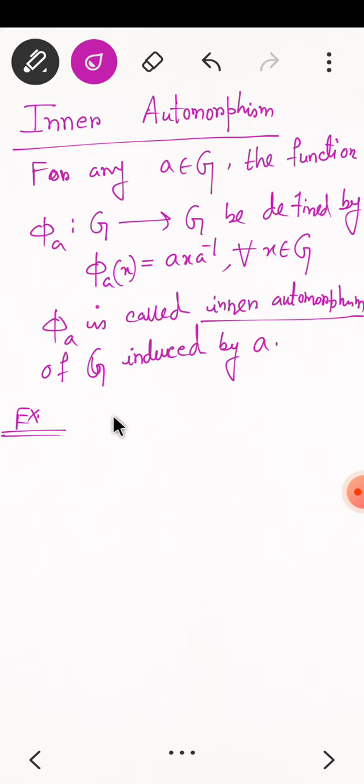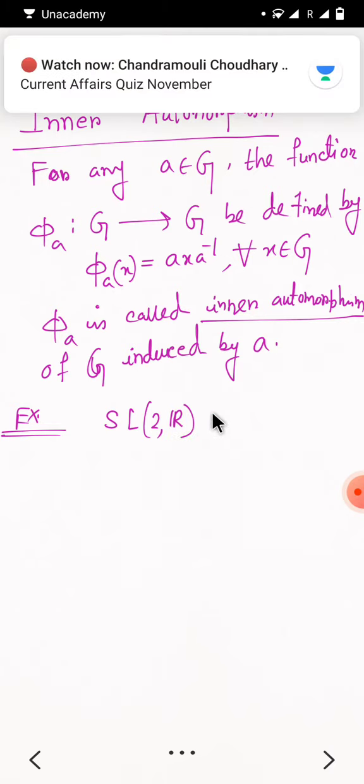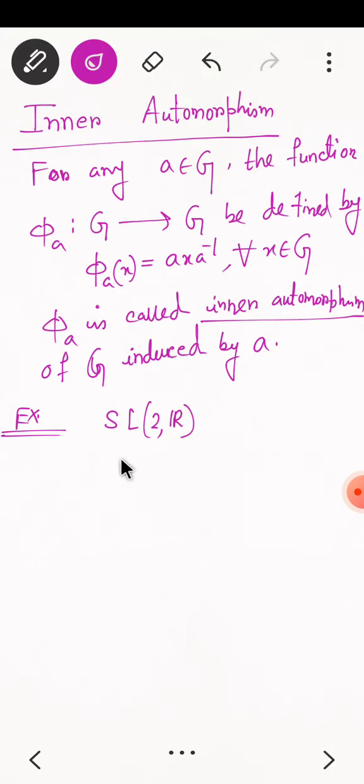We take the group SL2R, that is, all 2 by 2 real matrices with determinant equal to 1.